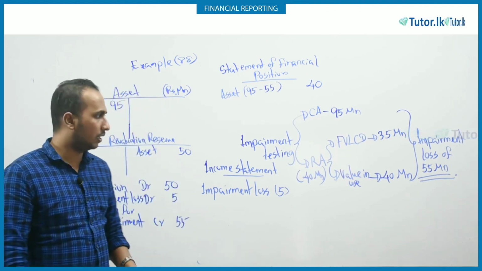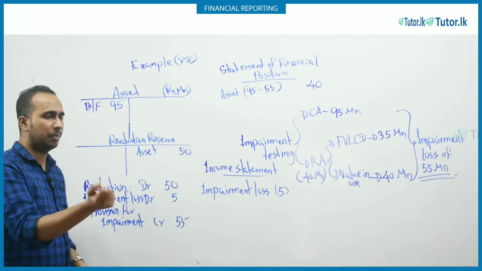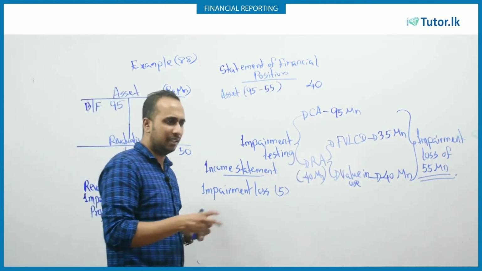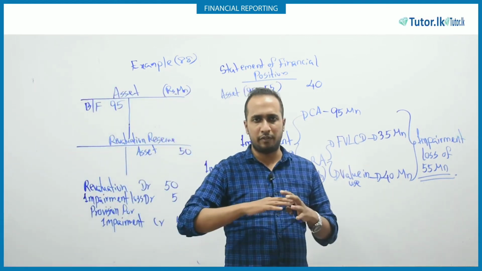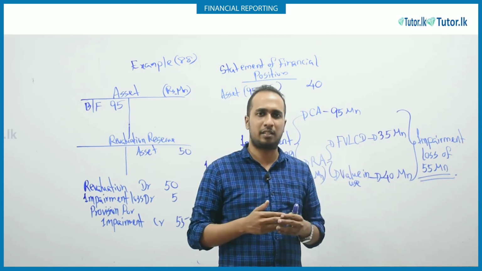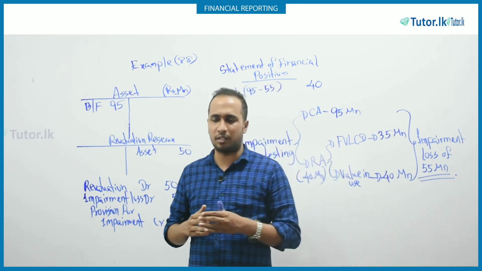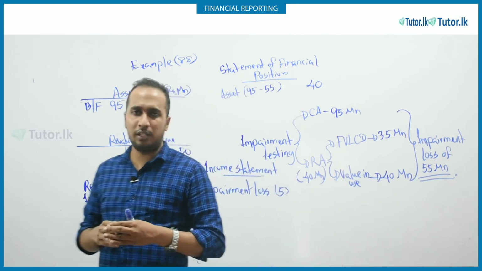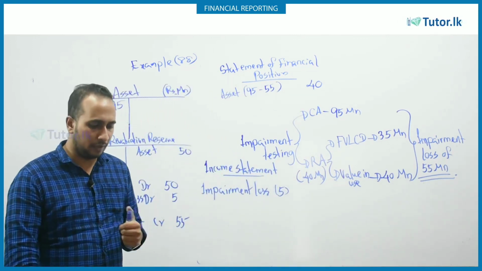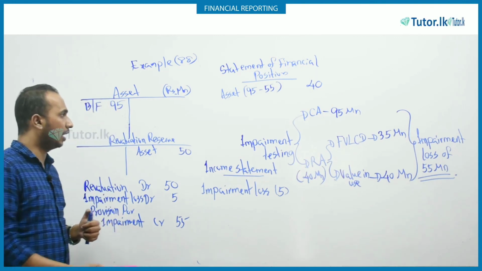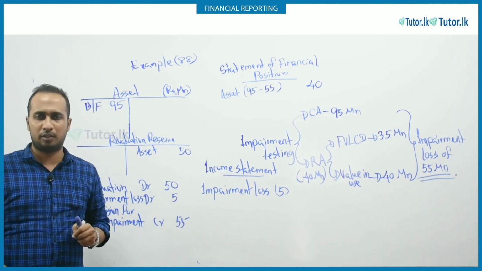I guess you are clear on this impairment part, and actually this is not a big thing. Practically this is a very complex scenario, but for examination purposes this is a very clear and straightforward computation, since you are given all the relevant figures. So with that we are completing this impairment part with all the important points.